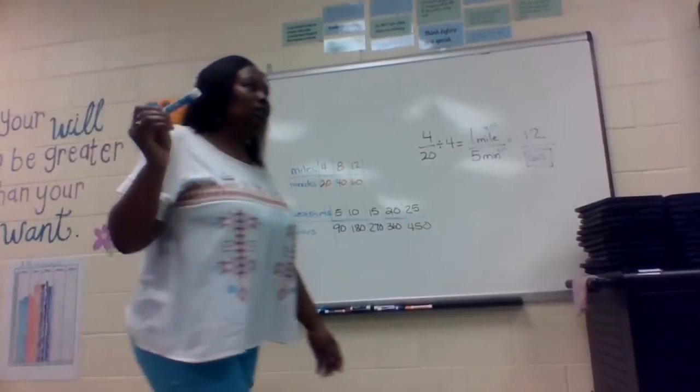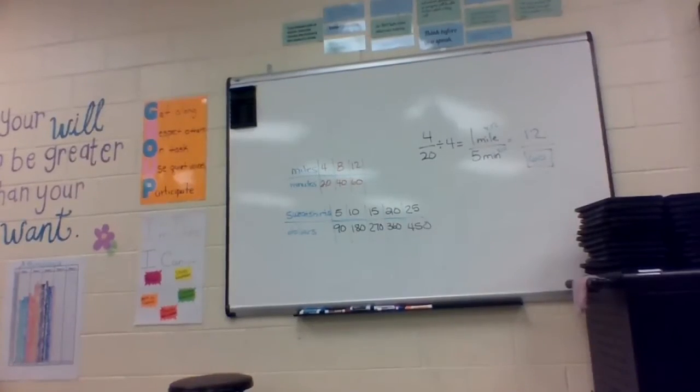All right, so look at the next page, okay? In about 6 minutes, I'm going to come around and check your work. It shouldn't take you long to either make a table or make a proportion.